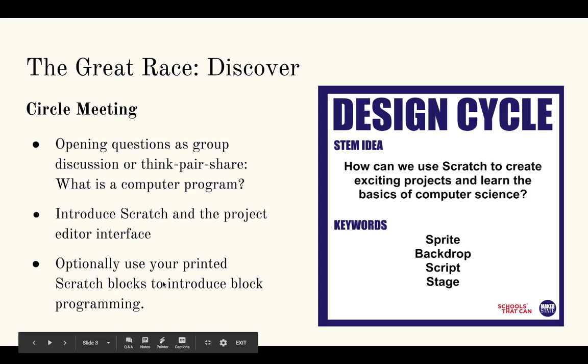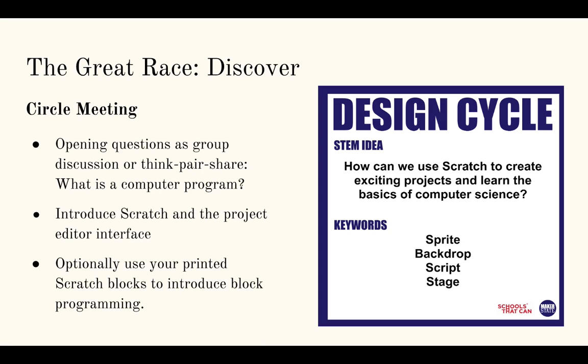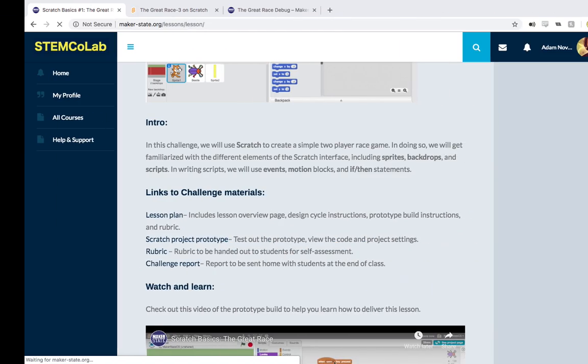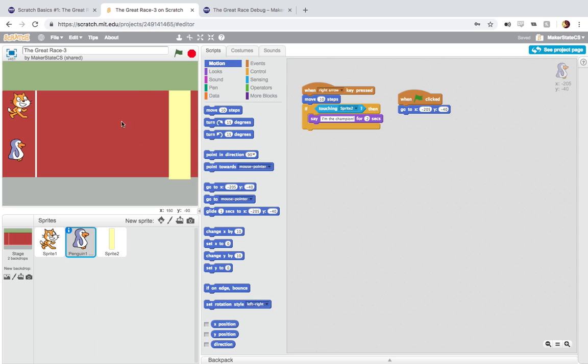And you might optionally want to use some of your pre-printed Scratch blocks again to introduce some of the programs in this challenge. So one thing that you could do would be to show your prototype, right? And maybe have 2 students play through it. And then, use some of your pre-printed Scratch blocks to pseudocode or paper prototype.